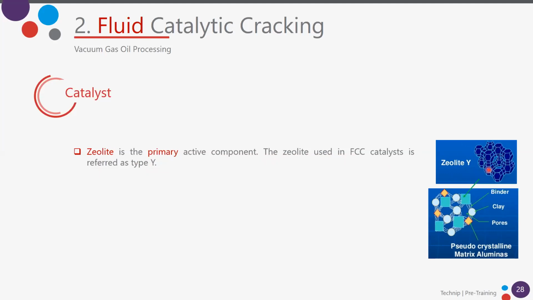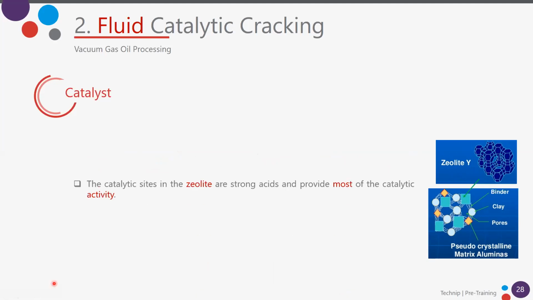This is a very sophisticated structure. The catalyst sites in the zeolite are strong acids and provide most of the catalytic activity, okay? Remember that the zeolite provides most of the catalytic activity.